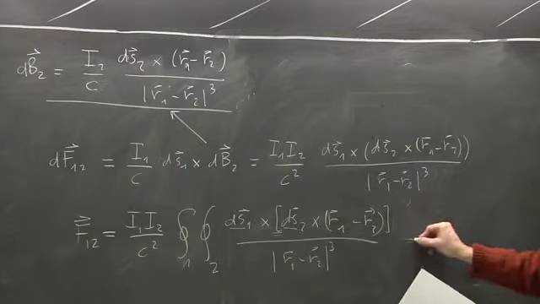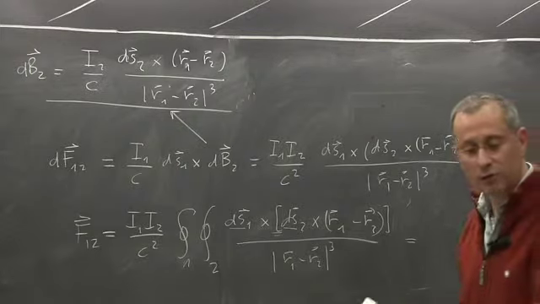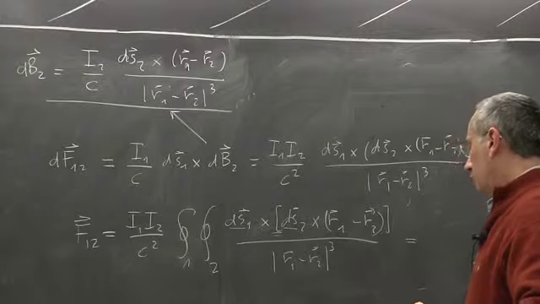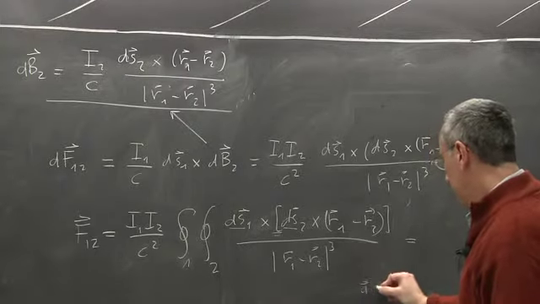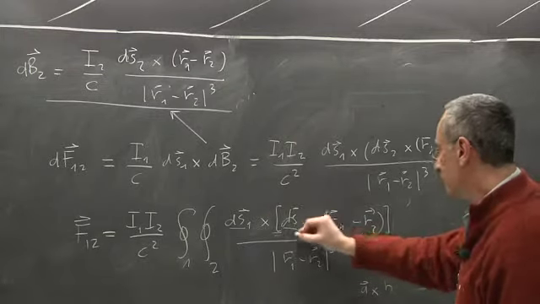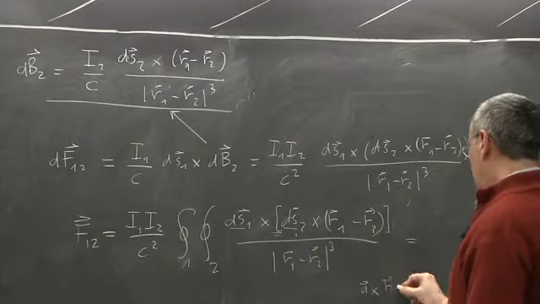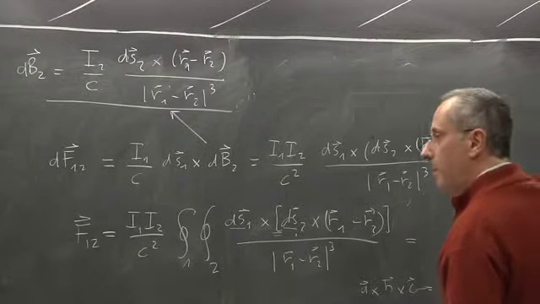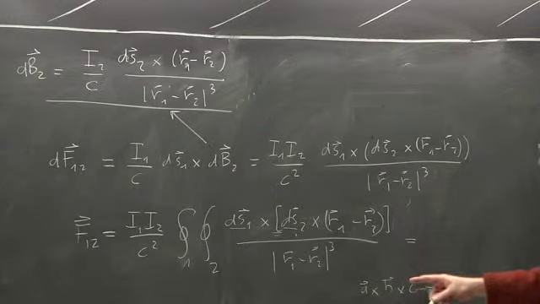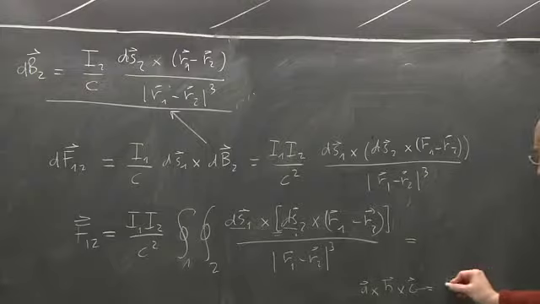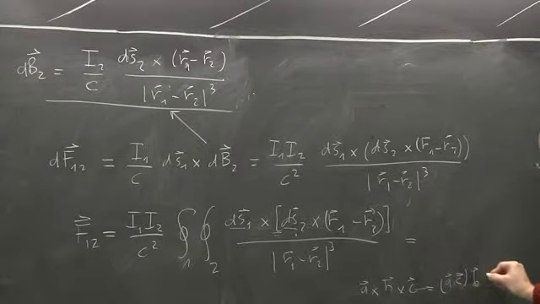In fact, this could be written in a nicer form if you use one of those formulas that I gave you, but I know that you already know. That is, you have this famous triple vector product. Those pop up everywhere in this business. This is not very nice because it's a vector product of a vector product. It's nicer to take the scalar product: A cross (B cross C) equals B times (A dot C) minus C times (A dot B).